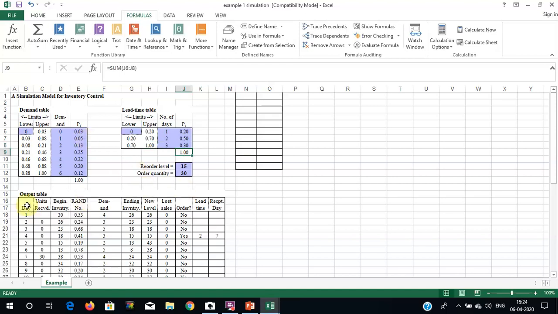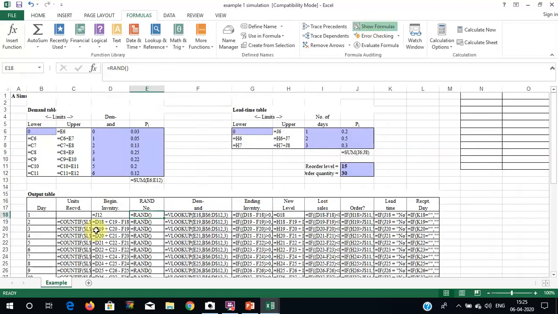So we create an output table here where the demand from the customer is shown. This is a stochastic simulation model where the demand from the customer is random in nature. And how do we do that?